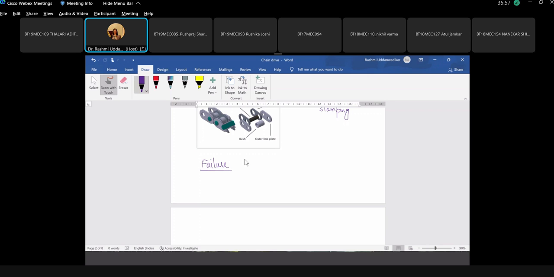So what do you think, how does a chain drive fail? So here comes the next question. Rishabh? Rishabh Verma, are you there?